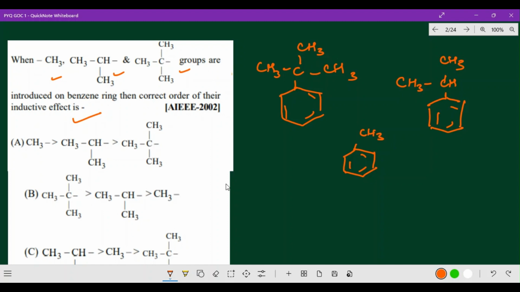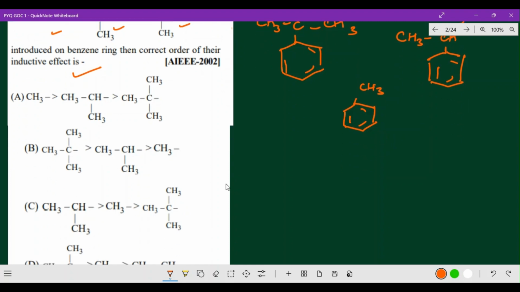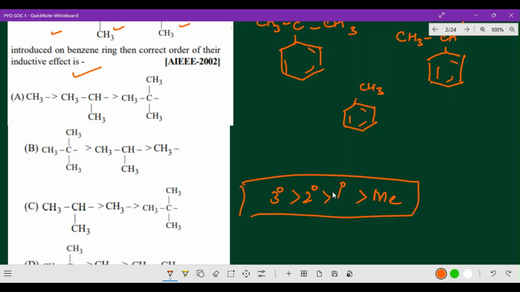Your eyes will go to find which is the correct option: tertiary, secondary, primary and methyl. Whether it is alkyl or aromatic, this is mandatory, because the plus I effect is always there. It is an electron donating group, ready to lose the electron, that means ready to donate the electron.